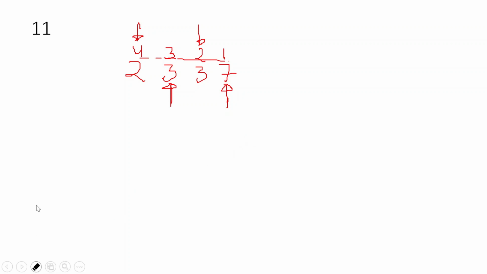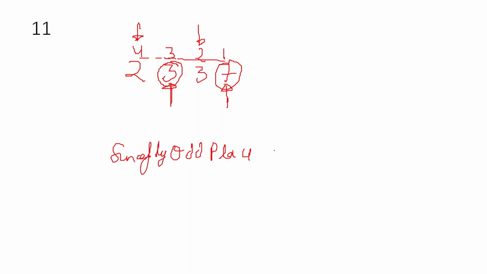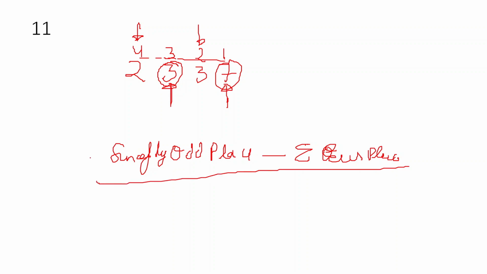So remember, you have to decide whether the place is even or odd from the right hand side. Now the second step is to take the sum of digits at even place and odd place. So the sum of digits at odd place minus the sum of digits at even place. Remember, this order will always remain: odd minus even, not even minus odd.